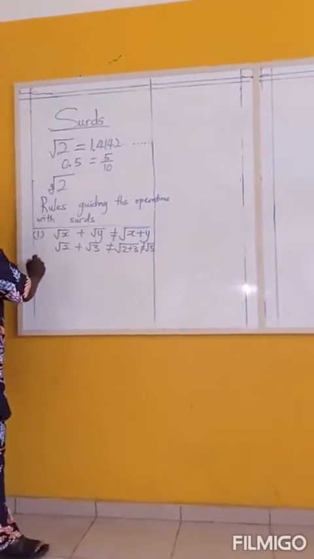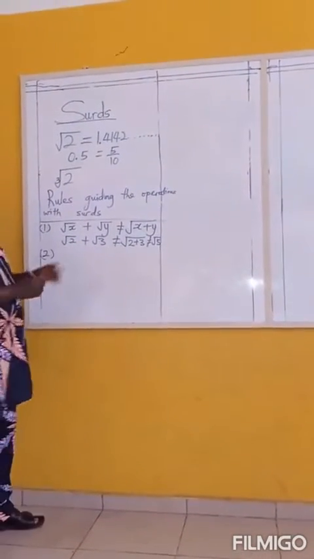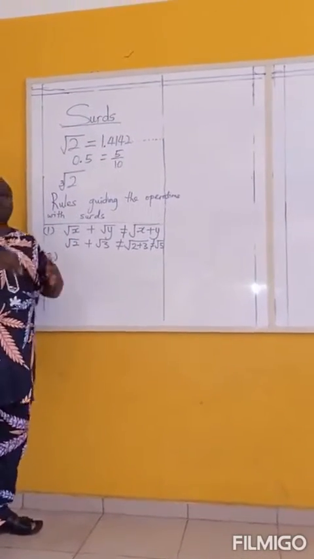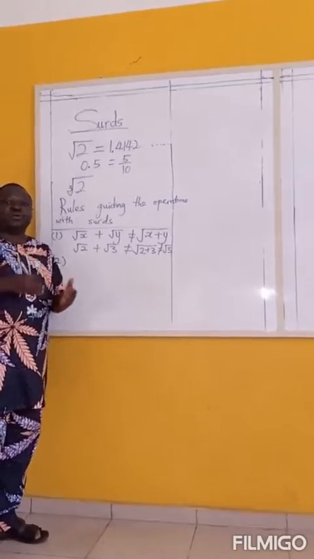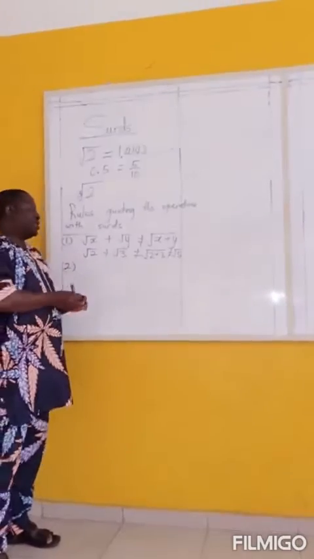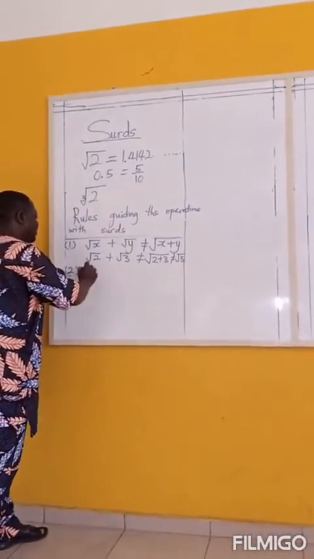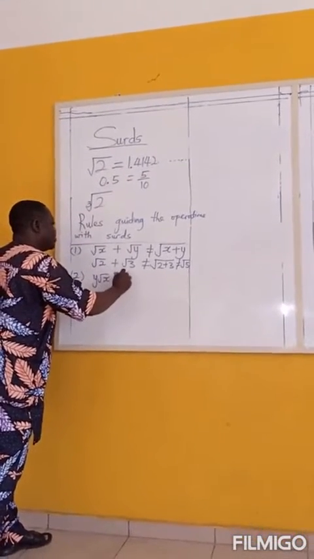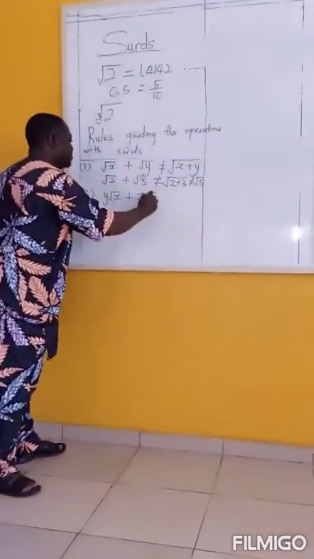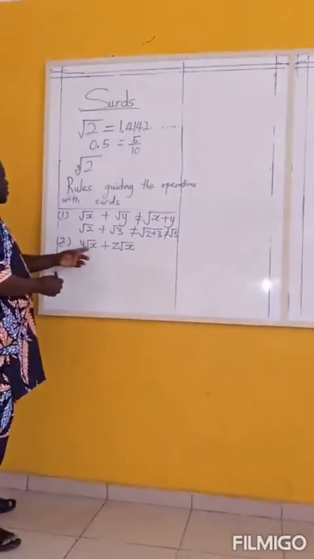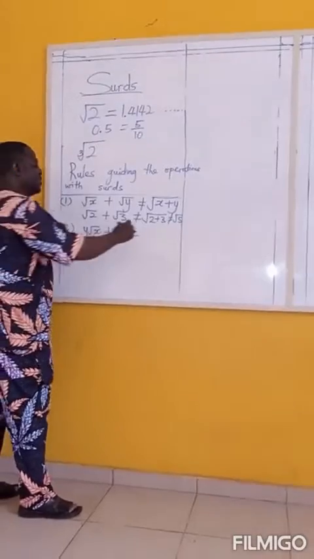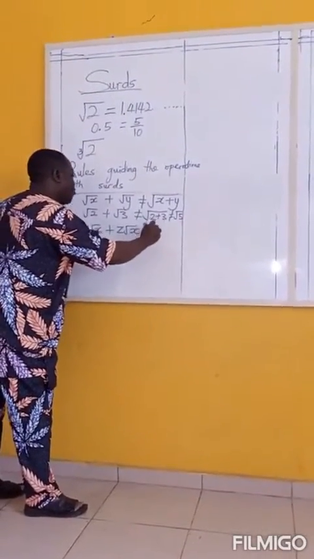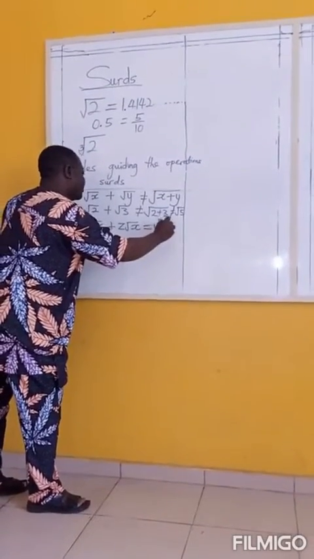But assuming the surds are the same thing, then we can add their coefficients. If the surds are the same, then we can add their coefficients. For instance, we have y root x plus z root x. Now, because these two surds are the same thing, the rule states that we can add their coefficients, y plus z.